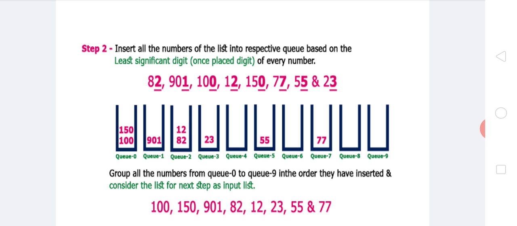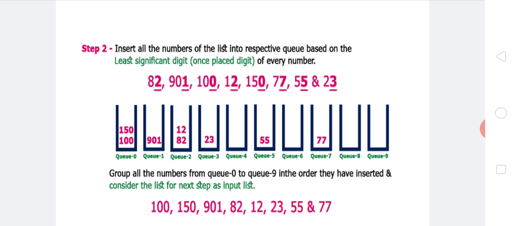Now see carefully, I am going to place the numbers in queues or buckets based on the least significant digit. First 82: we marked the least significant digit 2, so 82 is placed in queue number 2.